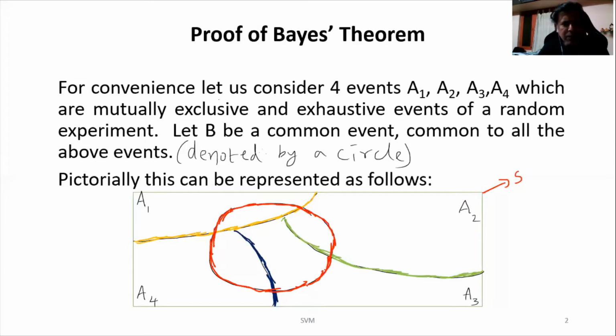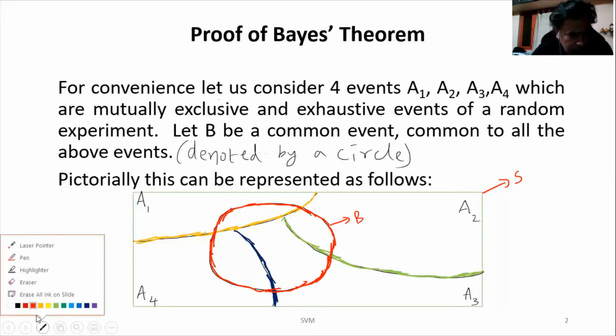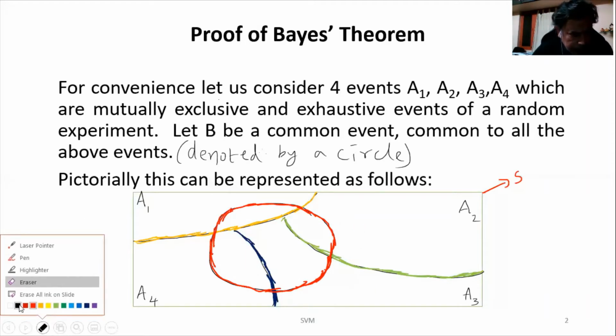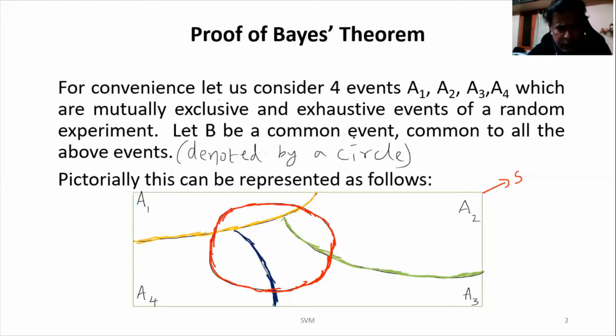This particular event can happen jointly with any of these 4 events. That is what it means. Now, one thing is clear, this particular circle is nothing but our B, right? Oh, sorry, I should not have written there. Let me rub that. I can write it somewhere outside. I will show. This is the circle. So that is our common event B.